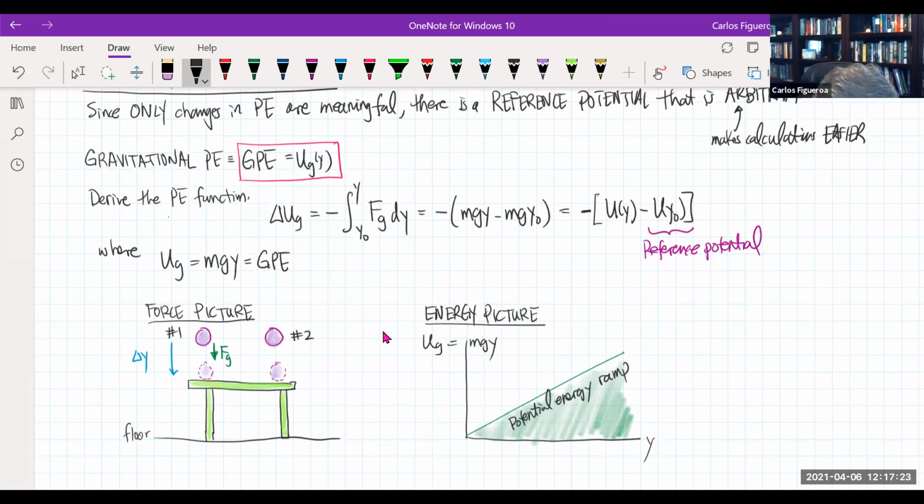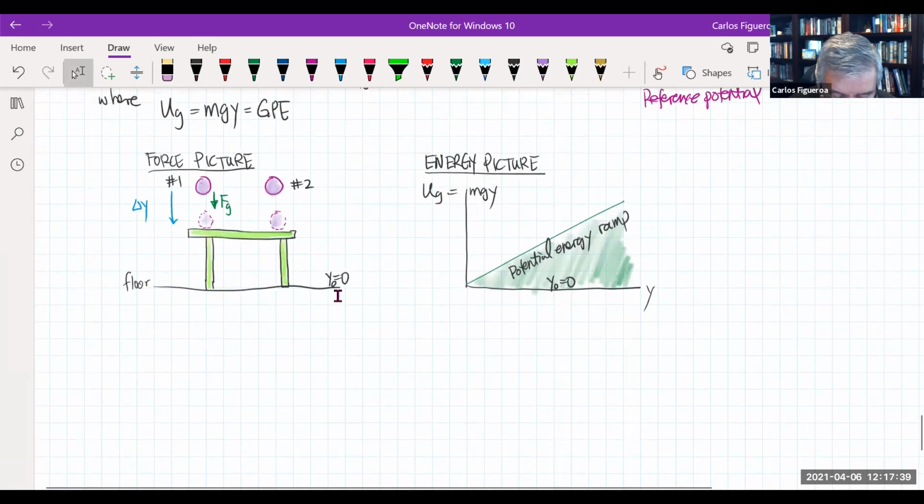So when I look at the floor here, y is equal to 0. I'm going to call that y naught. And then here, we could say that y naught is going to be equal to 0. So now let's look at this thing. The only thing that matters is changes in potential energy.